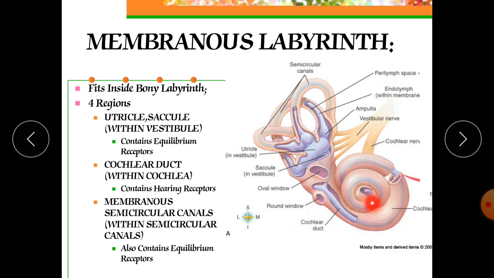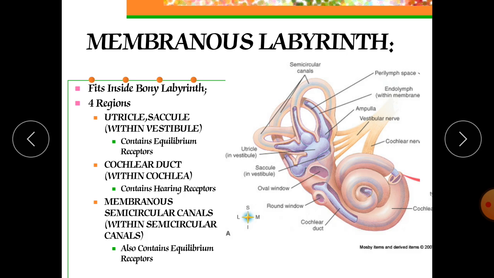Whatever the hearing process is, it is done especially by those receptors. The channel above the cochlear duct is called the scala vestibuli, which ends at the oval window. The channel below, the scala tympani, ends at the round window.